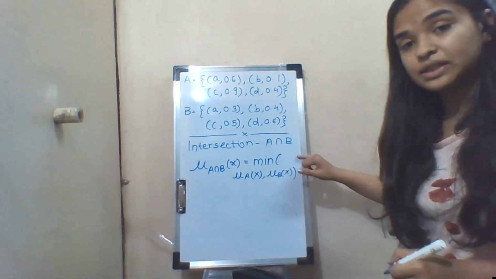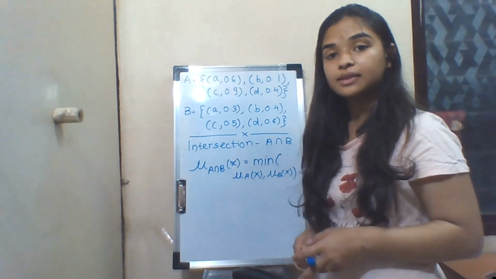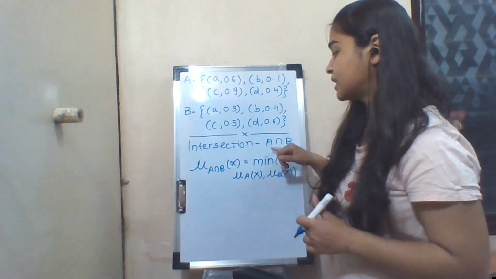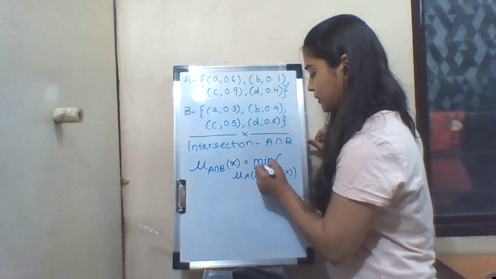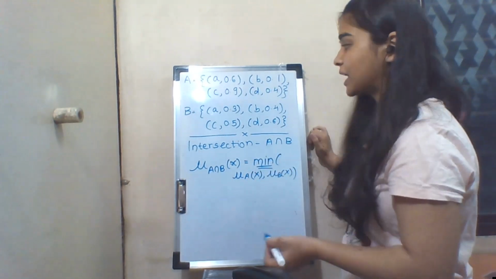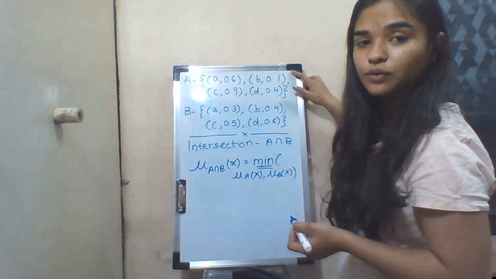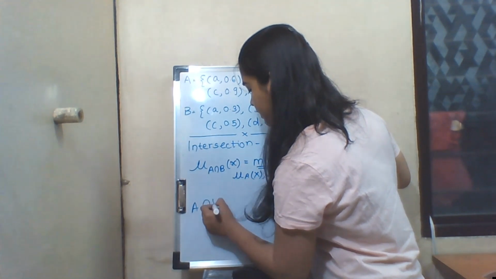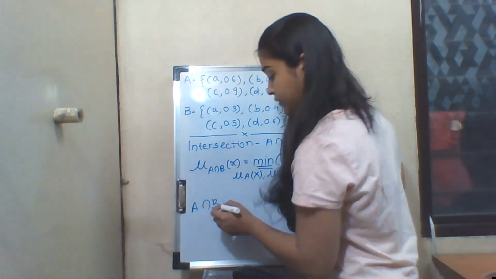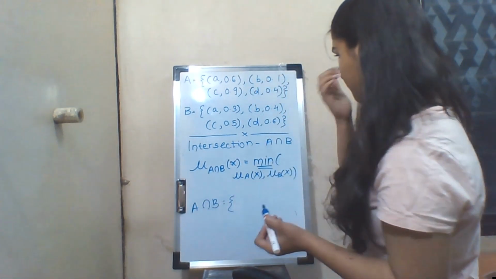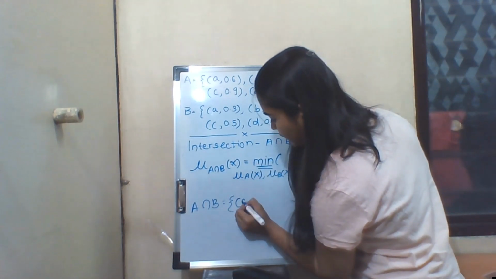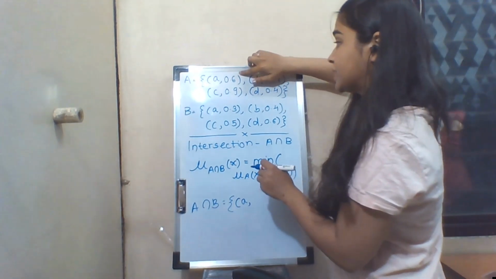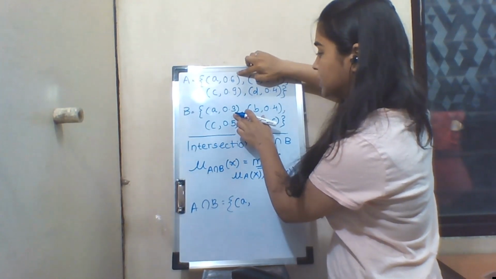Previously in the union operation we select the maximum of the two, and here in the intersection operation we select the minimum. Let's calculate the intersection for set A and set B. For element A, let's compare the degrees of membership, which is 0.6 and 0.3.